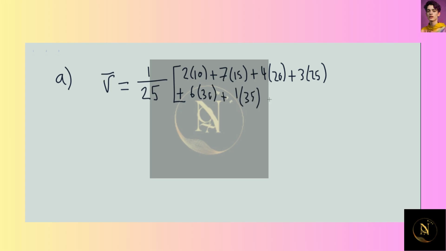You get the idea. And lastly, two 40s. So once we add up all of these and divide by the total number of 25, we will be left with a result of 23 meters per second, and that's the average speed. So all we're doing here is the definition of an average for a group of things.